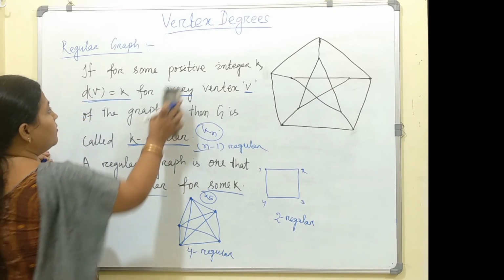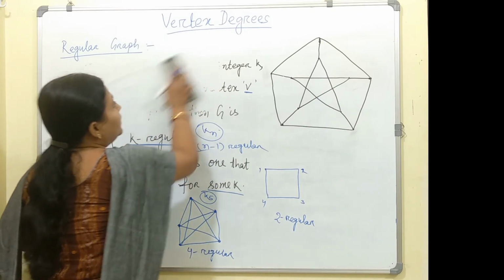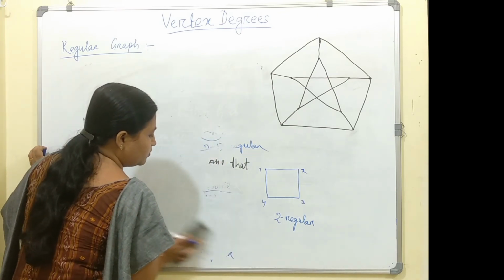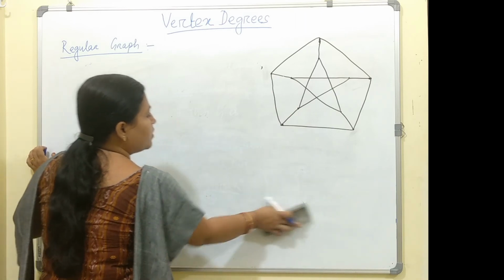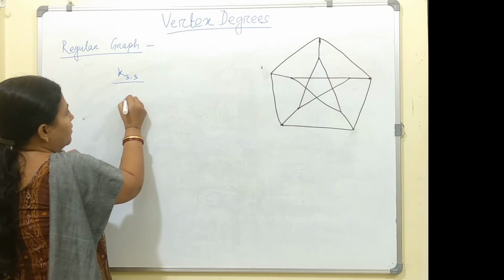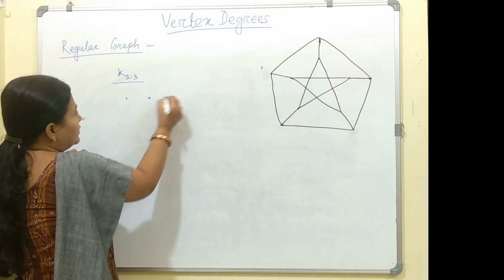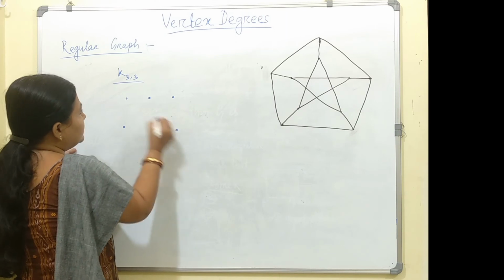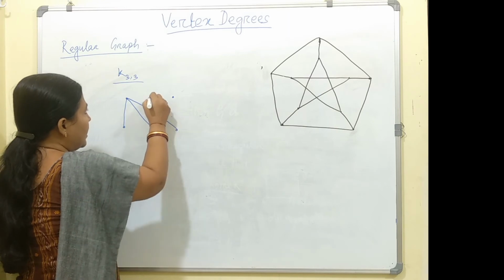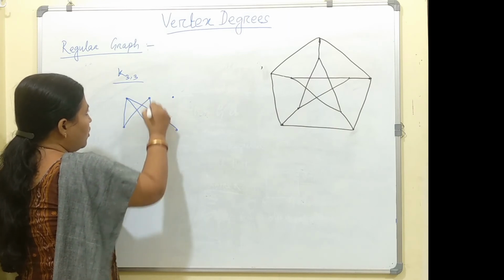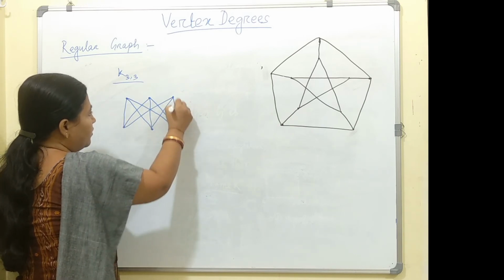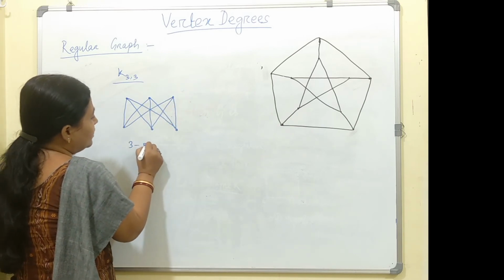If we take a complete bipartite graph, K33 is a complete bipartite graph. There are 6 vertices, V1 to V6, and all the vertices have degree 3. So this is a 3 regular graph.